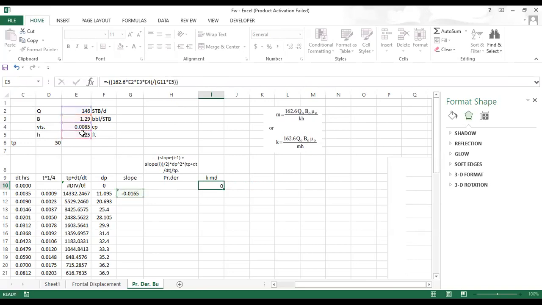I completed the bracket and I got my value of permeability to be 126 millidarcy. So this is how we can estimate permeability by pressure buildup test.